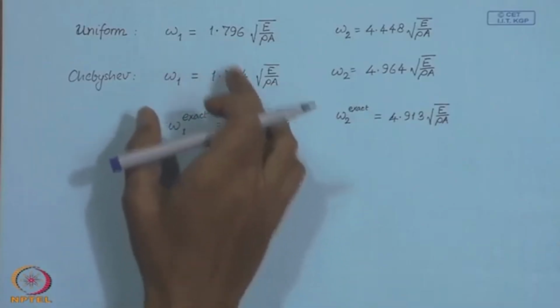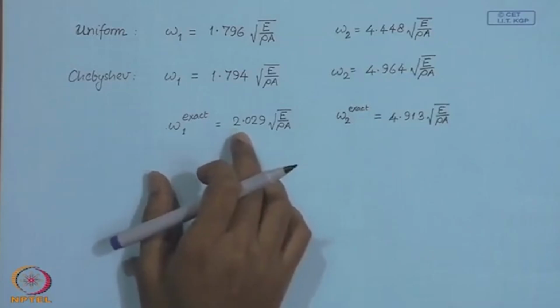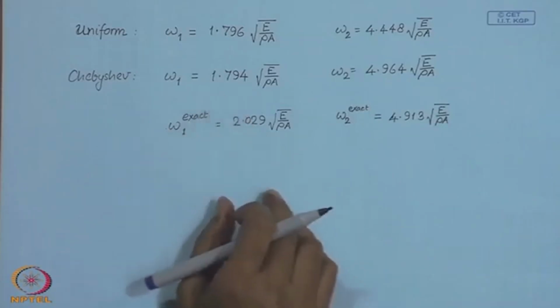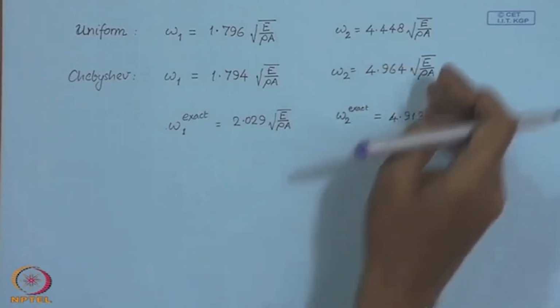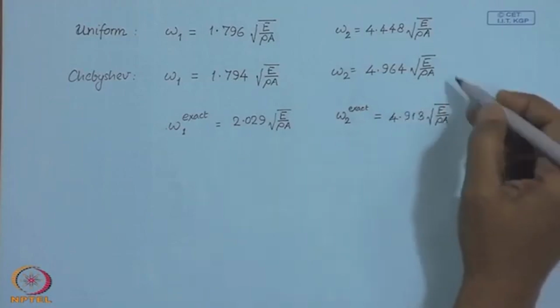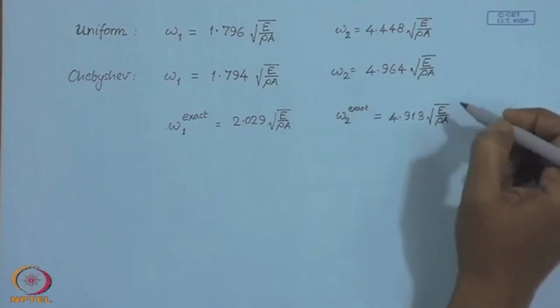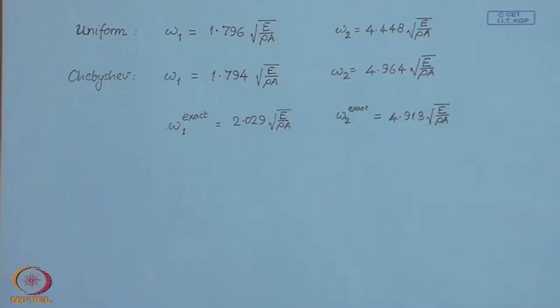The energy based methods approach the exact natural frequency from below, but here, if you see this comparison, this is approaching it from above. So, this is a disadvantage of the collocation method.